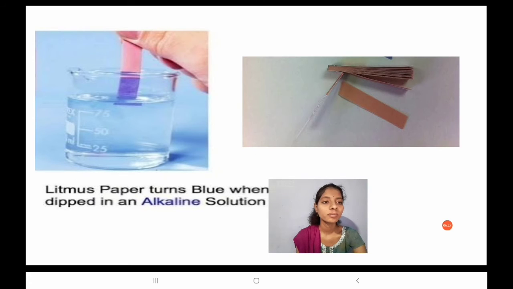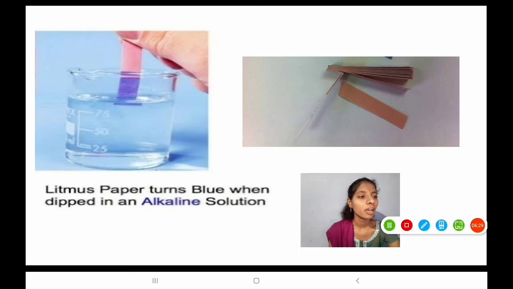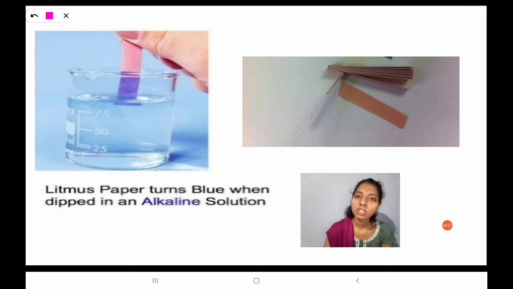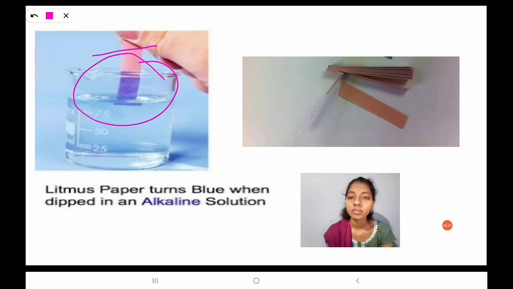See here, when we take the red color litmus paper into the base solution or alkaline solution, the red color litmus paper changes into blue color. You can see here the red color litmus paper is changed into blue color. So this indicates that the solution is basic in nature, or alkaline.